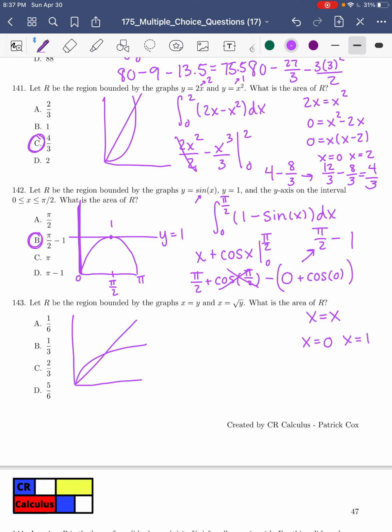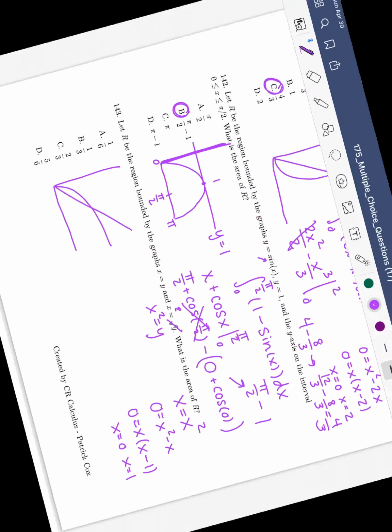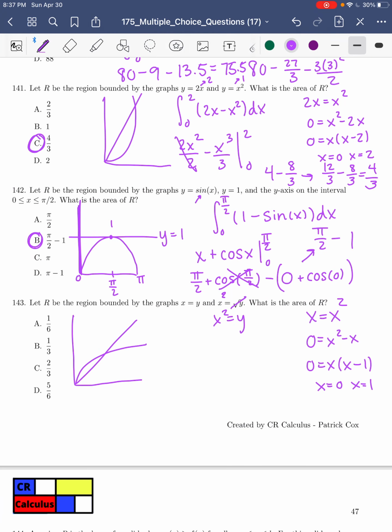Because if I'm using x here, I have to take the square root. So it's going to be x squared equals y. I'm being dumb. So then I get everything to one side. So 0 equals x squared minus x. So that's how we get 0 and 1. I just like to use y equals equations instead of x equals because it makes it easier. That's why I changed this one.